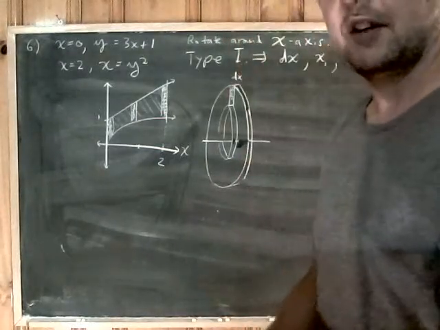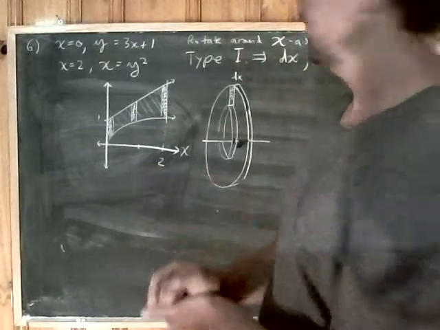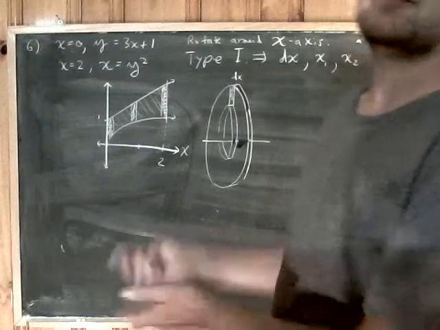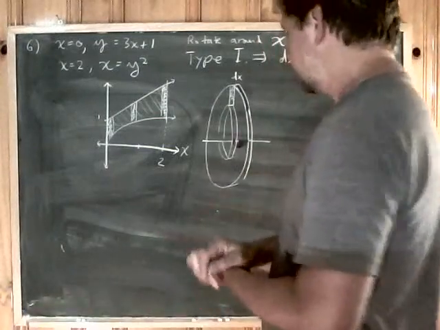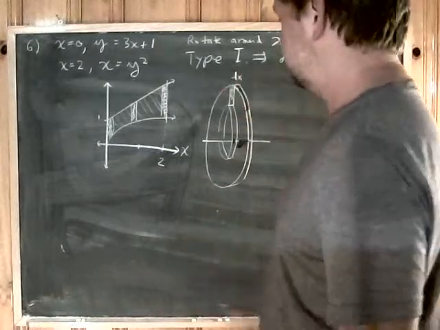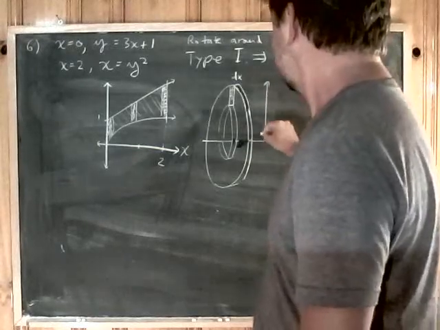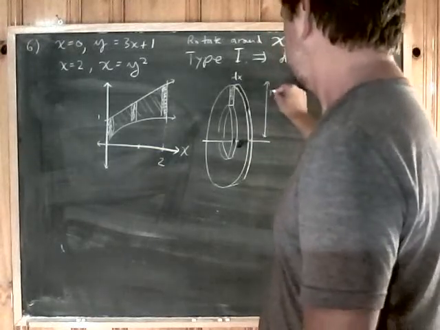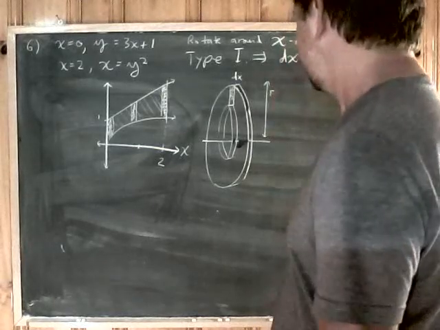That means that the volume of the disc will be the big circle area minus the small circle area times dx, and dx will go at the end of the integral. So the big circle area will be pi r squared where the radius is the big radius. So we'll need that. Sometimes I call that R1 or R2. Big radius.